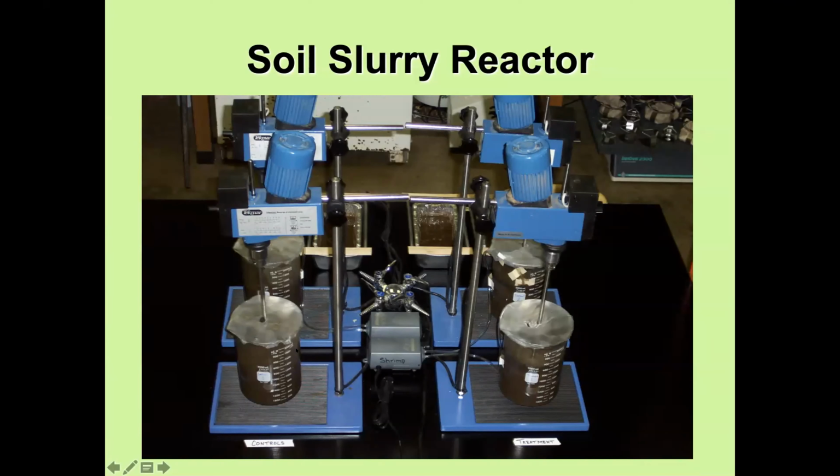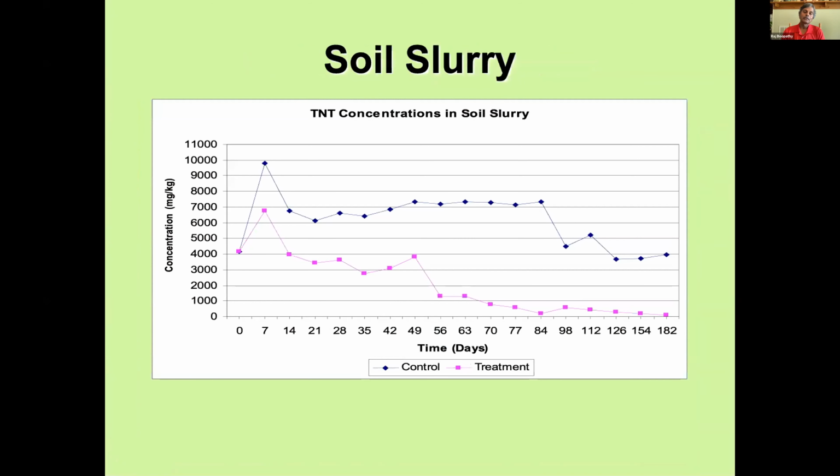And in the control, there was no co-metabolic condition, there is no molasses, okay? And you can see when we provided molasses as co-metabolic condition, the TNT concentration went down really fast compared to the no molasses condition. So molasses helped to remove TNT faster.